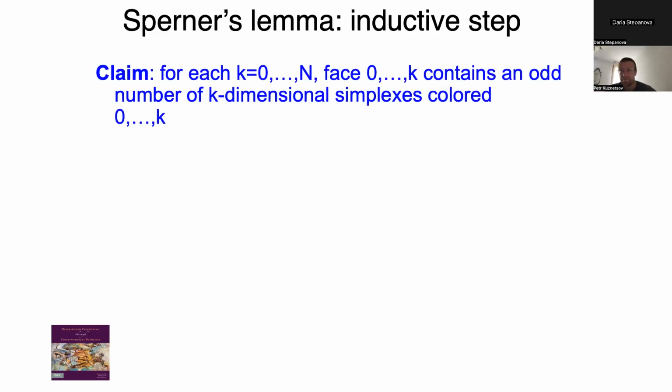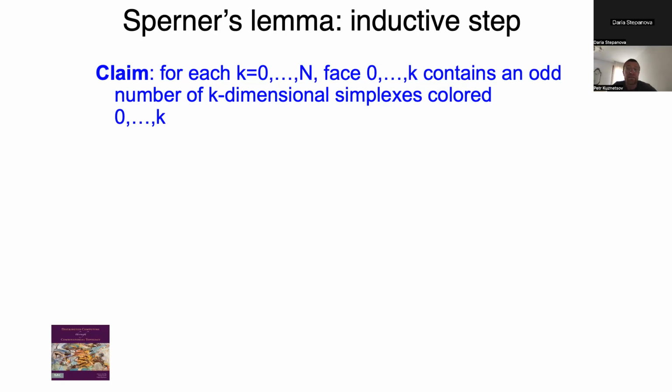Okay, so this is my inductive step. I want to claim that for each k from 0 up to n, the face 0k, remember we have an n-dimensional simplex. It has vertices from 0 to n, so n+1 vertices.